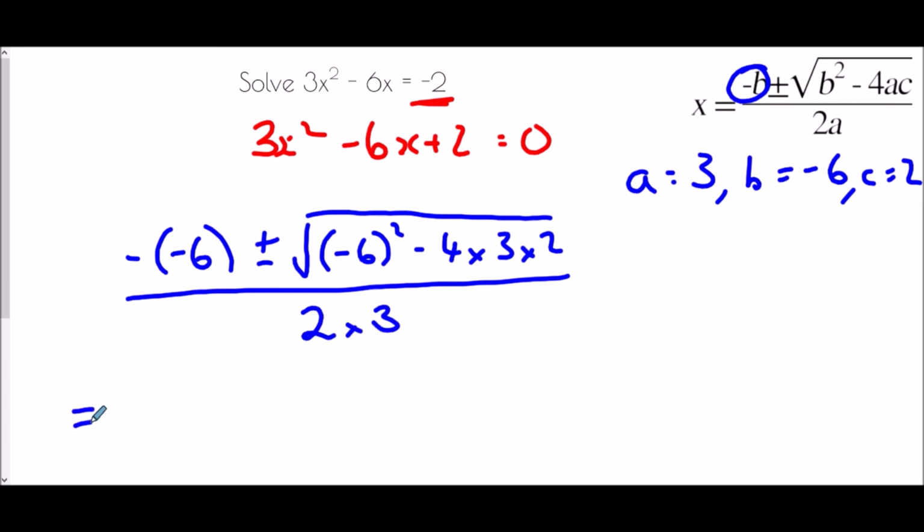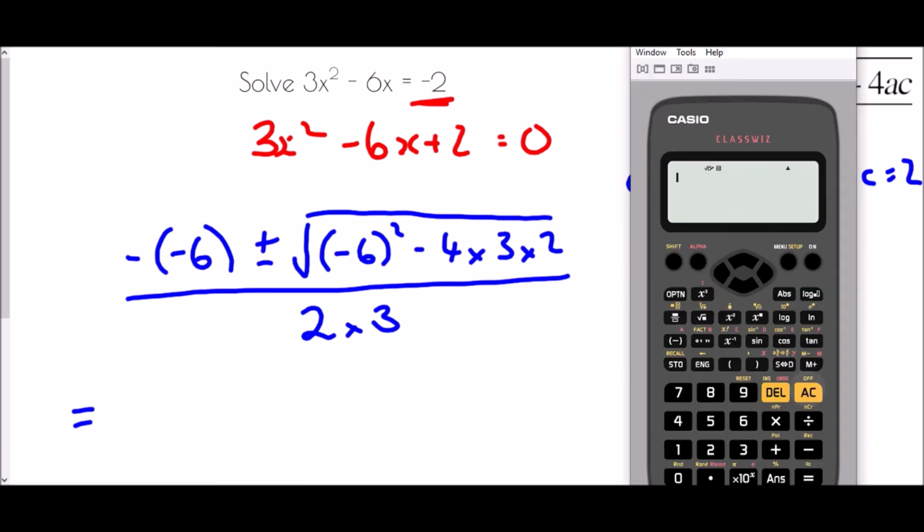And so again, all I want to do is grab my calculator and fill in each of those values. So the fraction, negative brackets, -6, plus the square root of brackets, -6 squared, take away 4 times 3 times 2, all over 2 times 3, and we get the answer 3 plus root 3 over 3, which is 1.577.